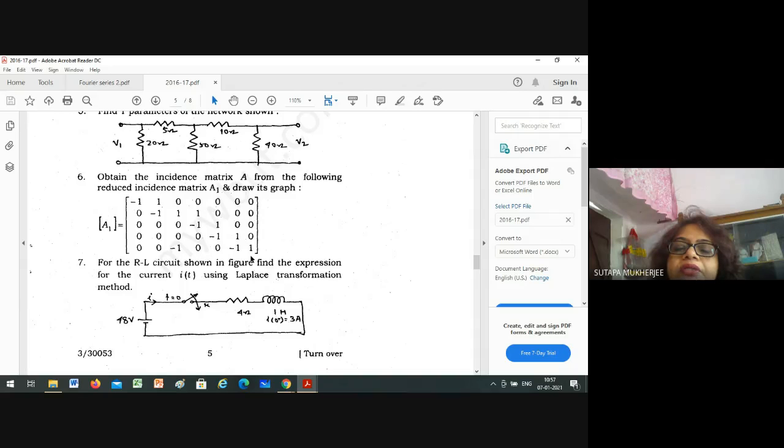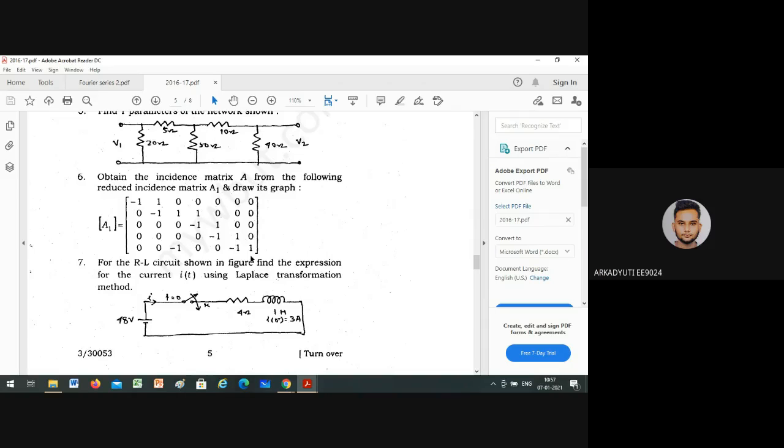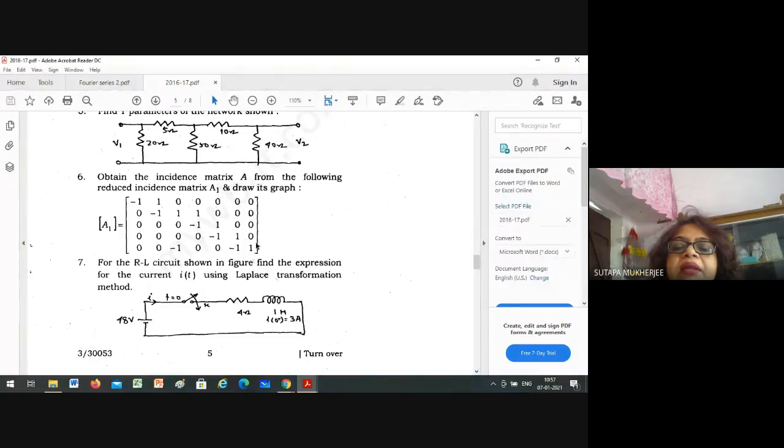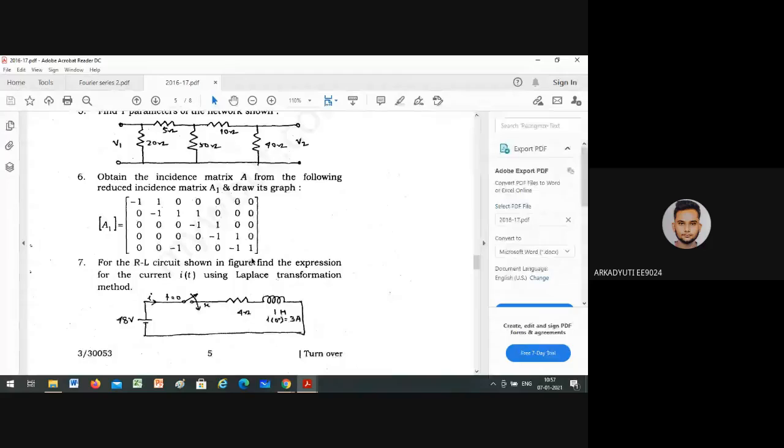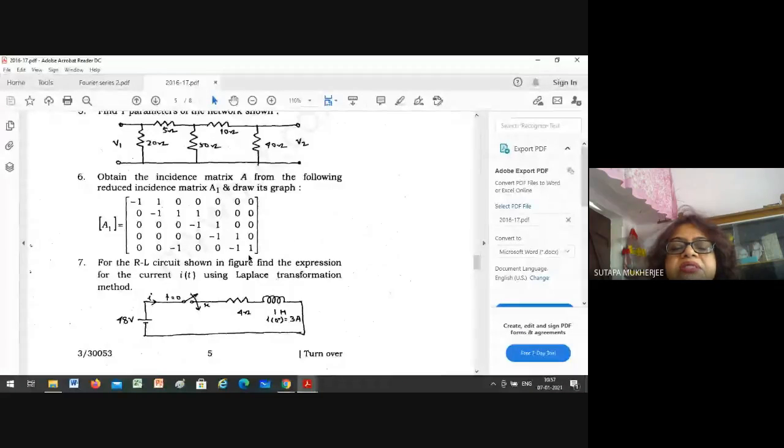I think graph theory has been explained many times before, right? I cannot understand the last question. And what will be the element here? 0 0 0 0 1. After that, what will be the element here? 1, to get the... What is the property of the incidence matrix?